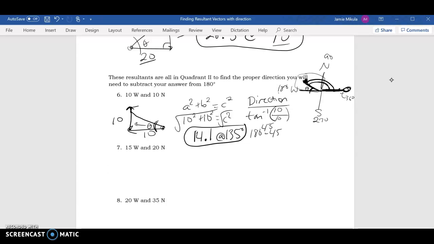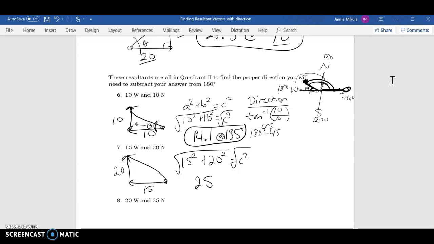Number 7 says 15 west and 20 north, so my resultant magnitude will be here. 15 squared plus 20 squared equals c squared. Take the square root of both sides to get 25. That's the magnitude, the length of that line right there. And then to find the direction, you are going to look for that angle, but then again you have to do the subtraction at the end.